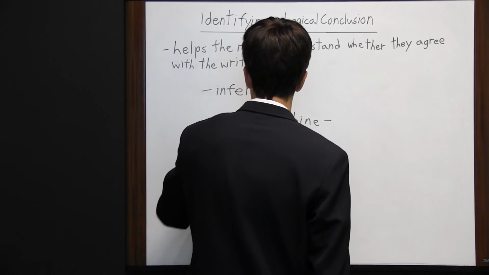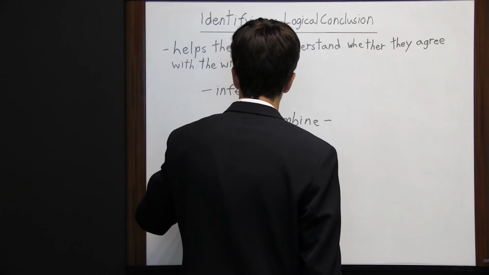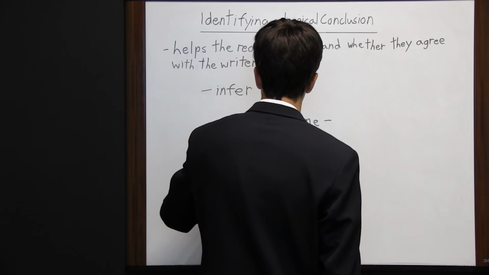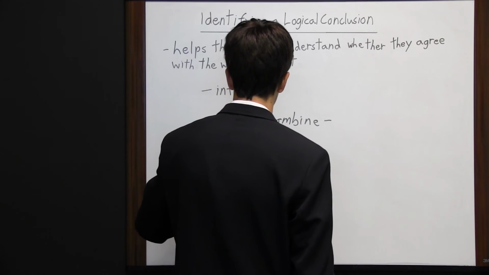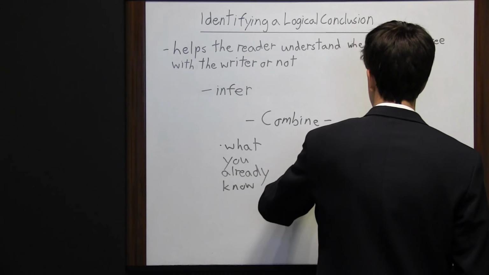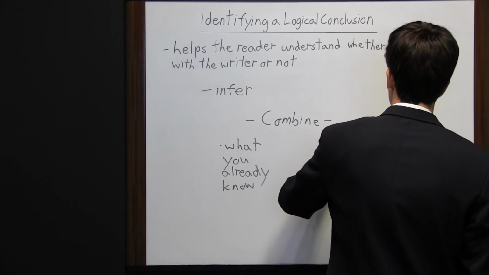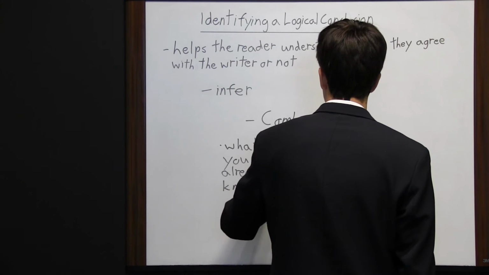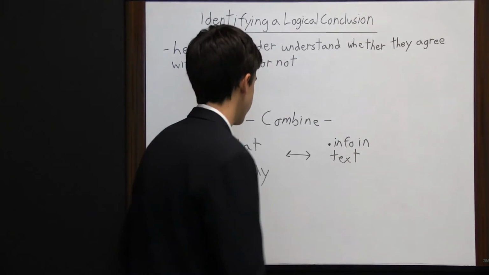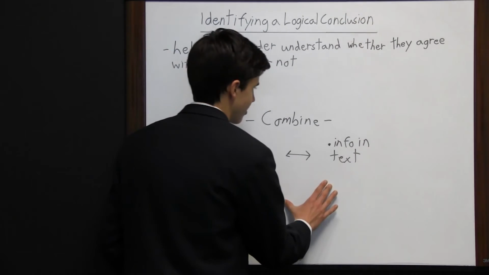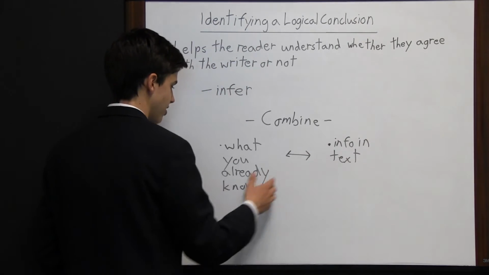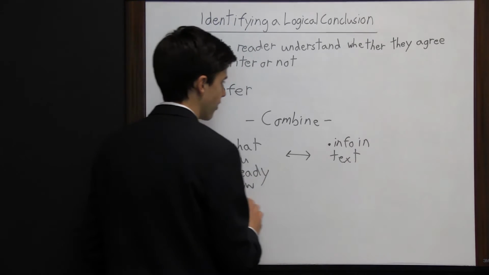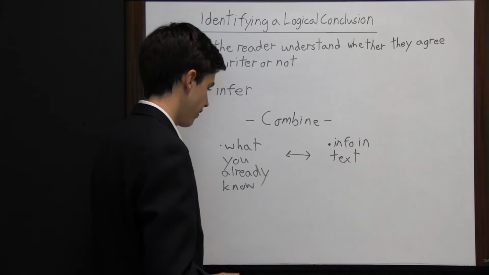What you already know with the information found in the text. So I'm going to draw a double arrow there because to make an inference, you're pulling these two things together, everything you find in the text, any pre-knowledge you have, and you're pulling that together to draw the conclusion.